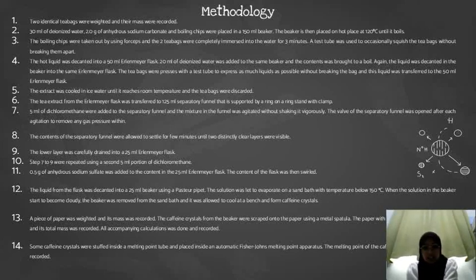Steps 7 until 9 were repeated using a second 5 ml portion of dichloromethane. Next, 0.5 gram of anhydrous sodium sulfate was added to the contents in the 25 ml flask. The contents of the flask were then swirled.